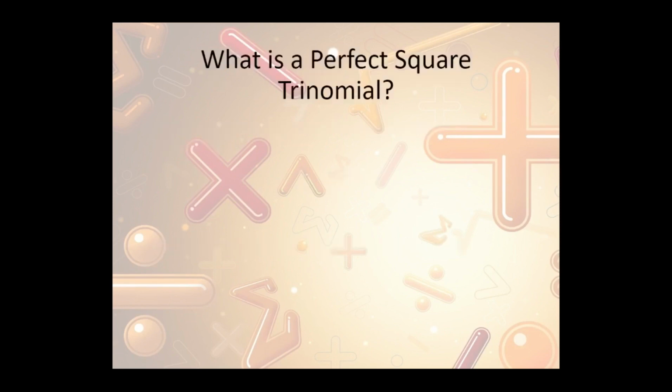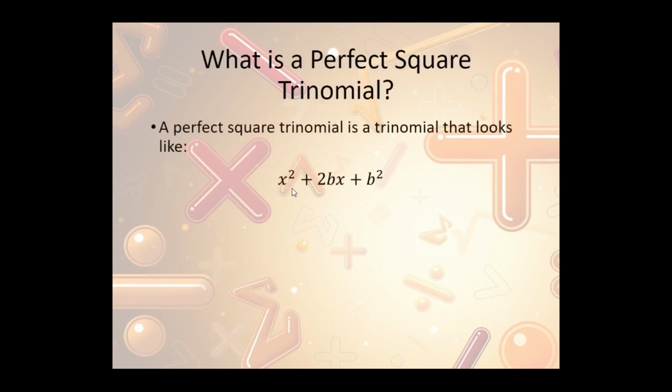Now, what is a perfect square trinomial? A perfect square trinomial is a trinomial that looks like this: x squared plus 2bx plus b squared. So b is some value. It'll actually be a constant. And the number here should be exactly double it. So an example of this would be x squared plus 6x plus 9.